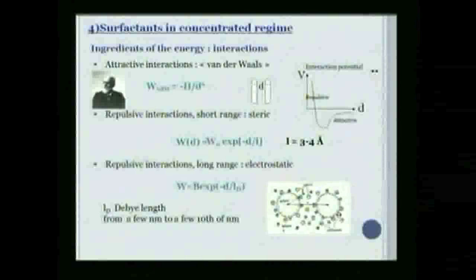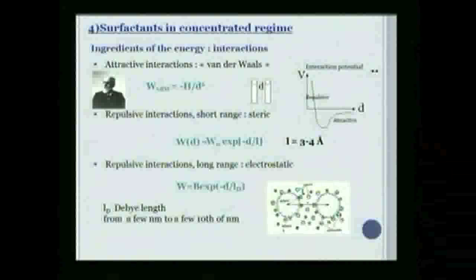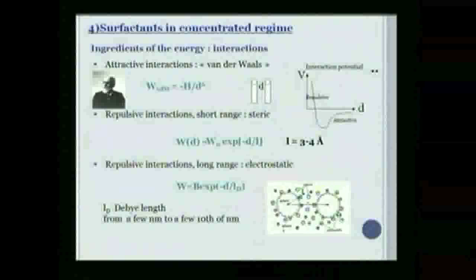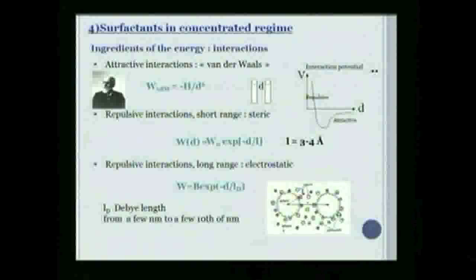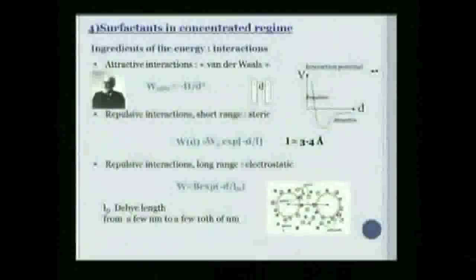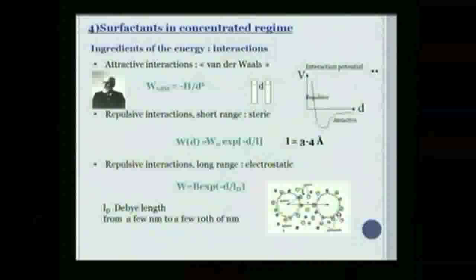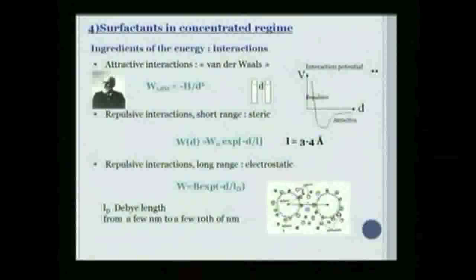If they are separated by a distance d, you probably know that you first have an attractive interaction, which is called the van der Waals potential. And this van der Waals potential varies very strongly with the distance. If you approach two objects too much, whatever the objects, molecules, hard spheres, or cylinders of surfactants, you have an infinite repulsive interaction.